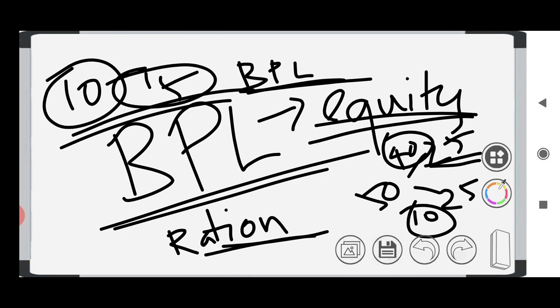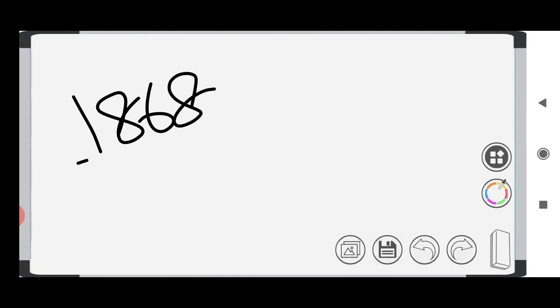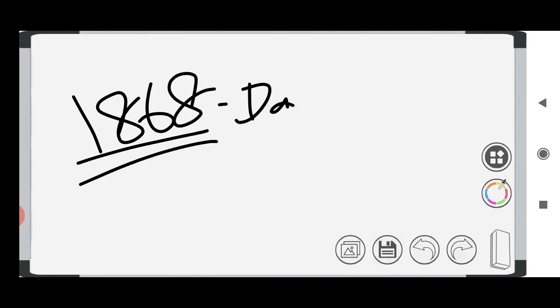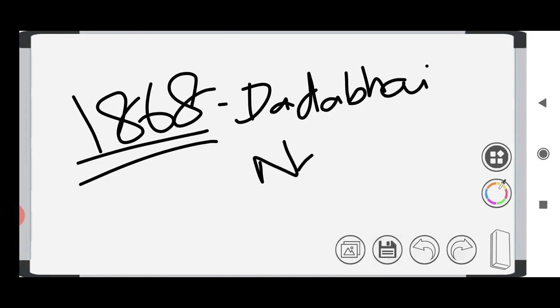The first person who made a poverty line estimation started in 1868. In 1868, Dadabhai Naoroji. You would have known about this person.